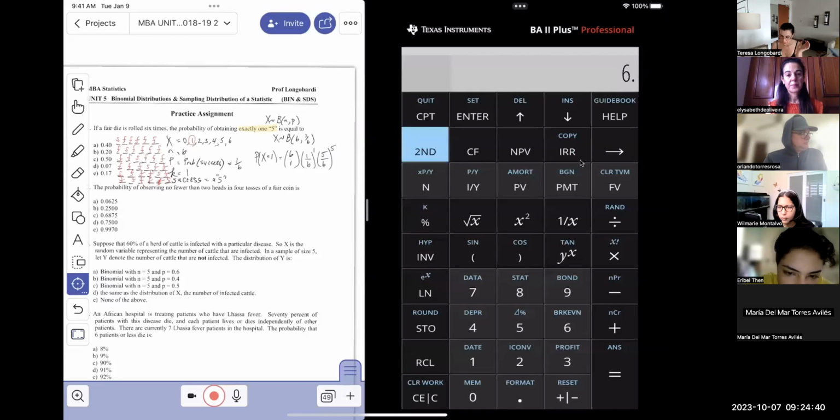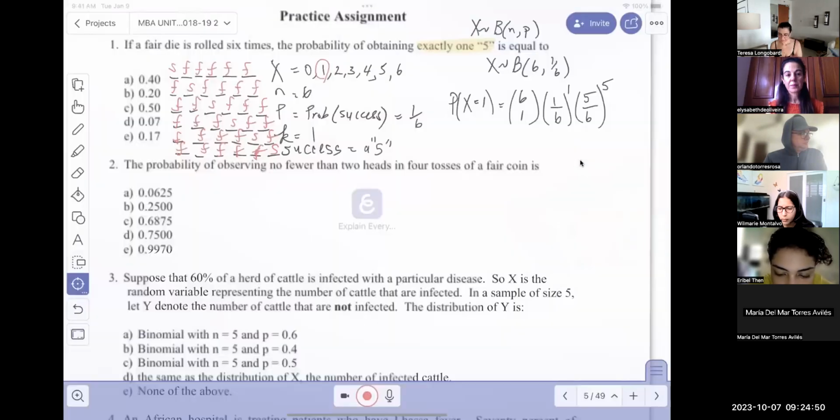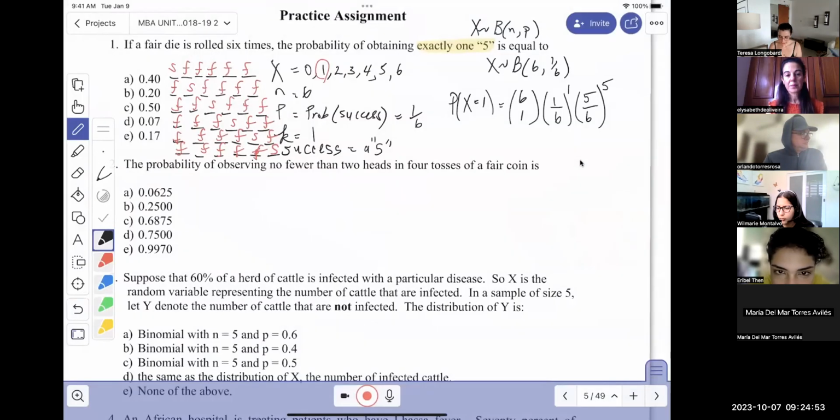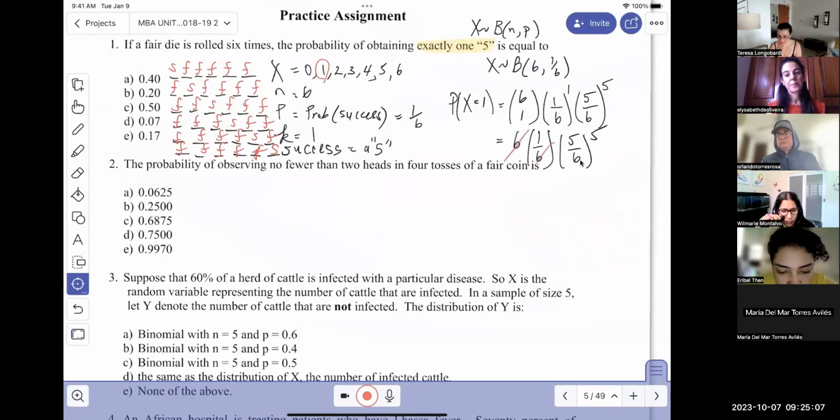Multiply, you can put in 1 divided by 6, and then that's it, because it's a power 1. So let's simplify this in the calculator. This is going to be 6, and this is 1/6, and then this is 5/6 to the 5. But this cancels with that, so all I really have to put into the calculator is 5/6 to the 5.